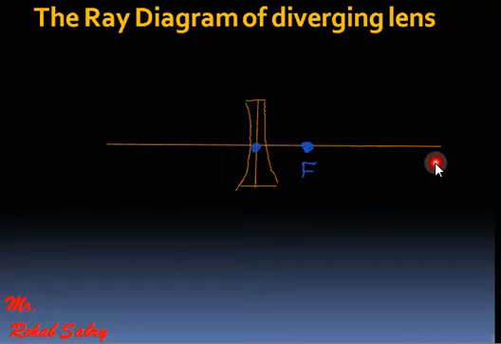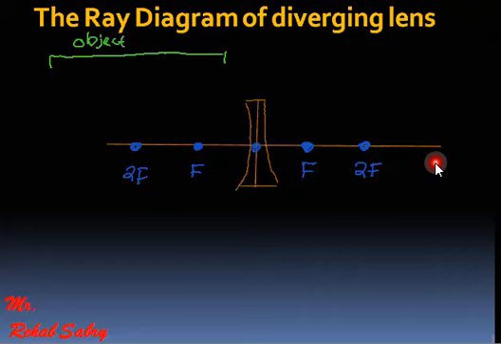At equal distance, we will put 2F, and we will repeat this on the other side. This is F, this is 2F.